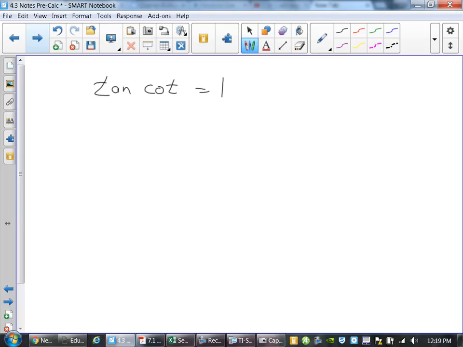A lot of times when you break them down into what they're made of, things just simplify real fast. In this case, what's tangent? Sine over cosine. What's cotangent? Cosine over sine. So you get sine over cosine times cosine over sine. What happens? Those drop, and what do you get? 1. And you're done.